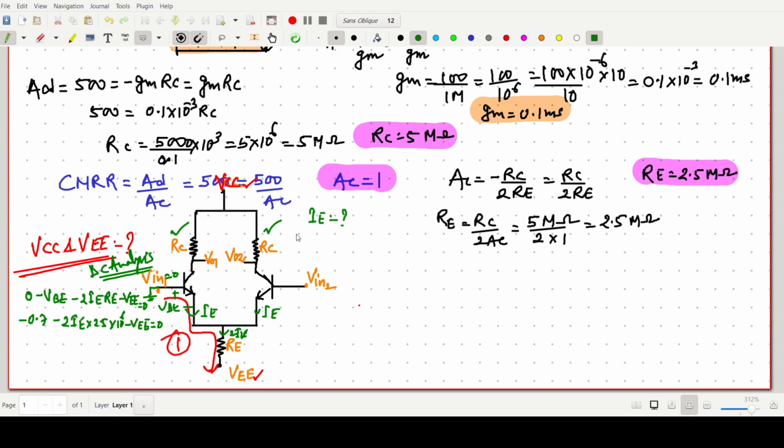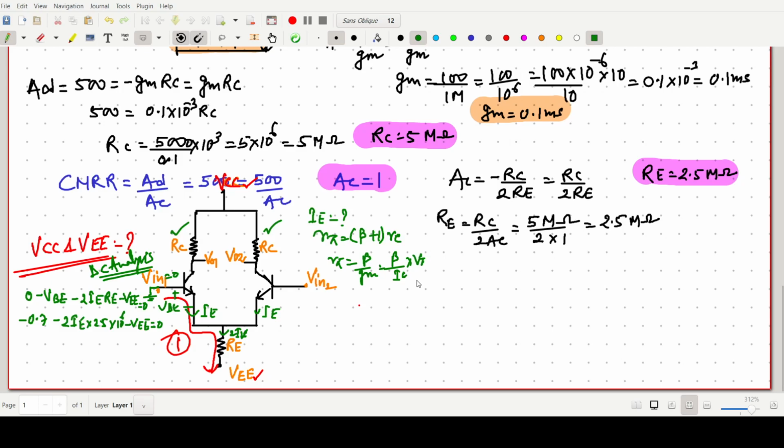As we know, R pi equals beta RE, or R pi equals beta plus 1 RE, or we can write R pi equals beta by GM, or beta by GM equals IC by VT. Because R pi is known, VT is known, beta is known, we can find the value of IC. Is it okay or not?